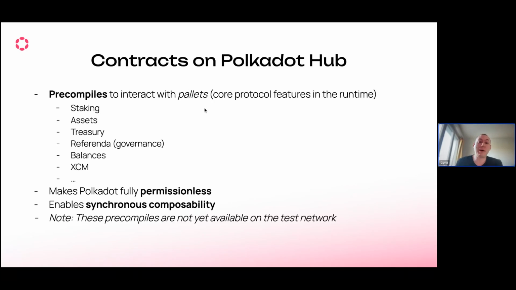There's a staking pallet, an asset pallet, a referenda pallet, and these are really just modules. This is how the Substrate framework, which Polkadot is built on, composes functionality. And we will expose the APIs of those pallets as precompiled contracts.